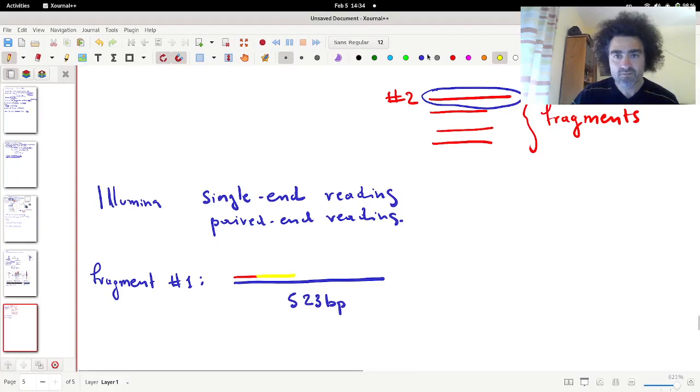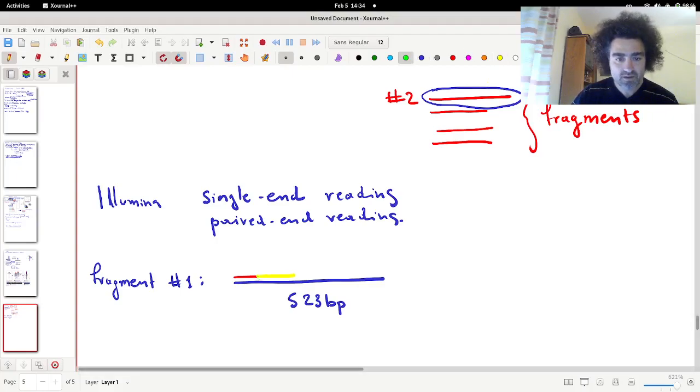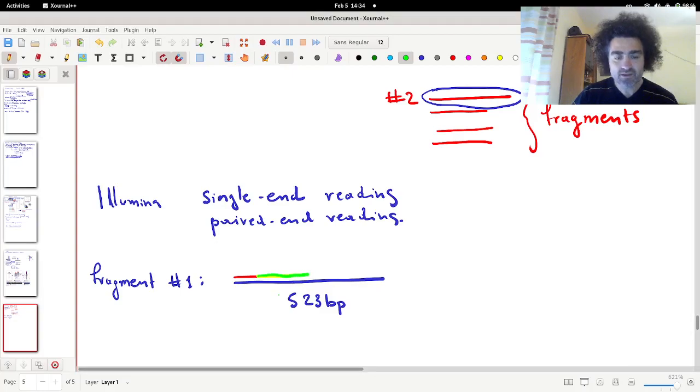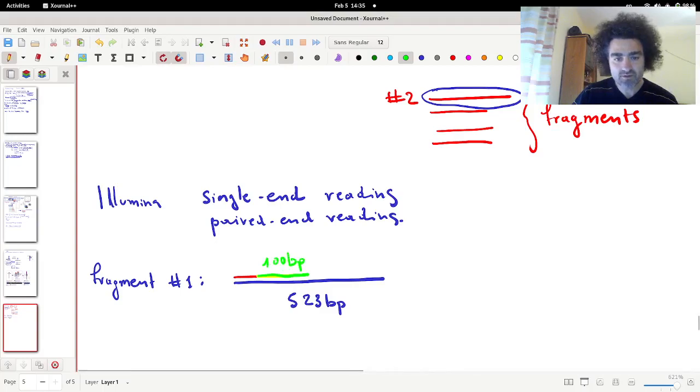Depending on the technology, that I will tell you a few things about, we read a certain amount of base pairs on the left end of the fragment. So some initial technology a few years ago was reading exactly 100 base pairs.